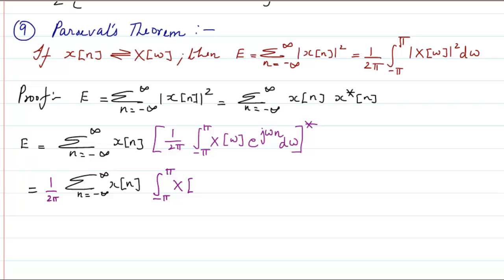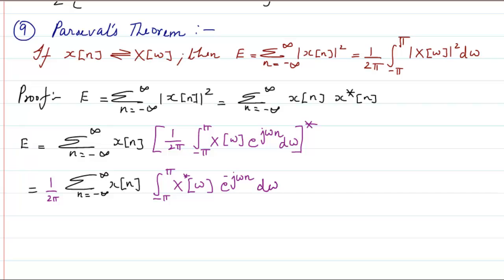I will take the conjugate inside, so x of omega conjugate e raised to power minus j omega n, because that is the conjugate of e raised to power j omega n, and then d omega.